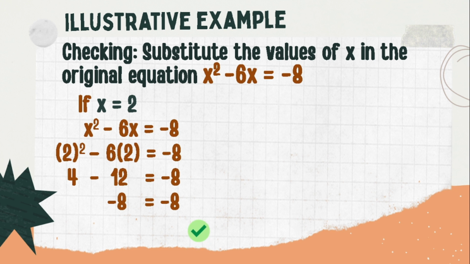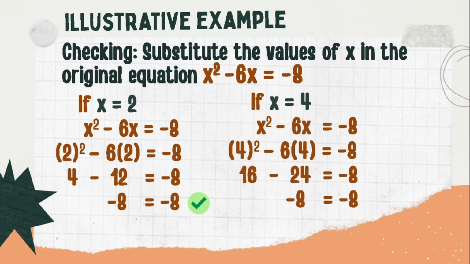The other root: if x is equal to 4, then 4 squared minus 6 times 4 is equal to negative 8. 4 squared gives you 16. Negative 6 times 4 gives you negative 24. 16 minus 24 gives you negative 8, which is equal to the other side of the equation, negative 8.